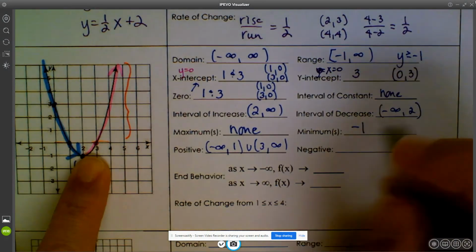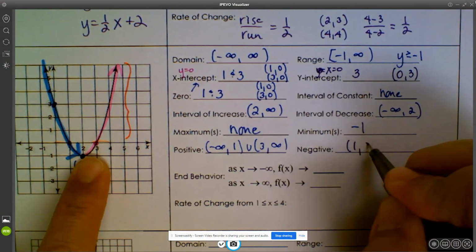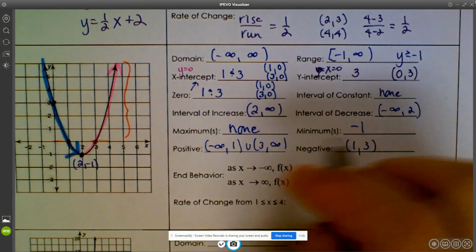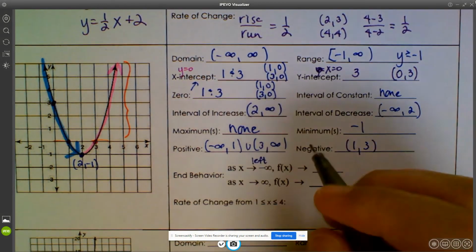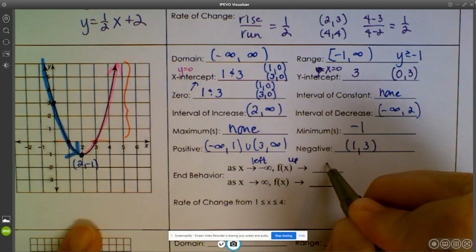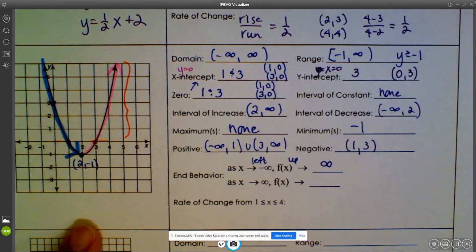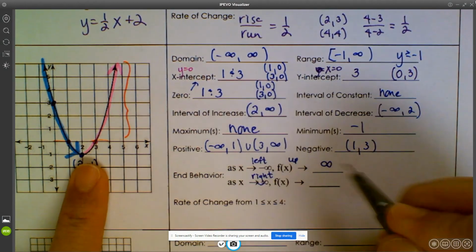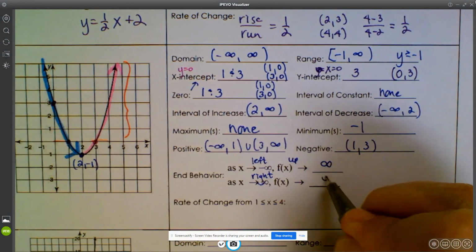We're negative here between 1 and 3. All right. As x approaches negative infinity, as x goes to the left, we're going up, which means we go to positive infinity. And as x goes right, we are going up also.